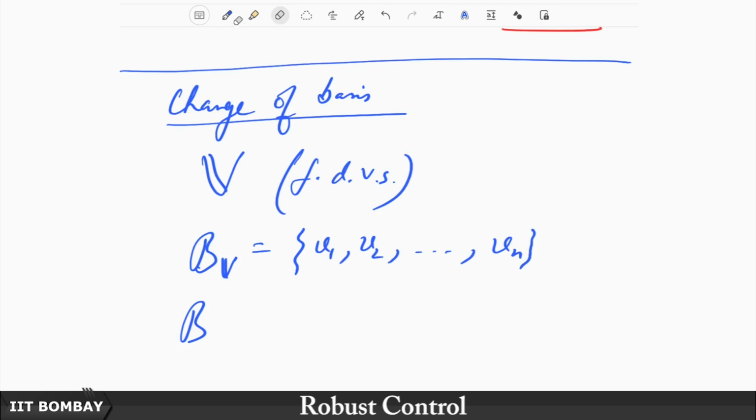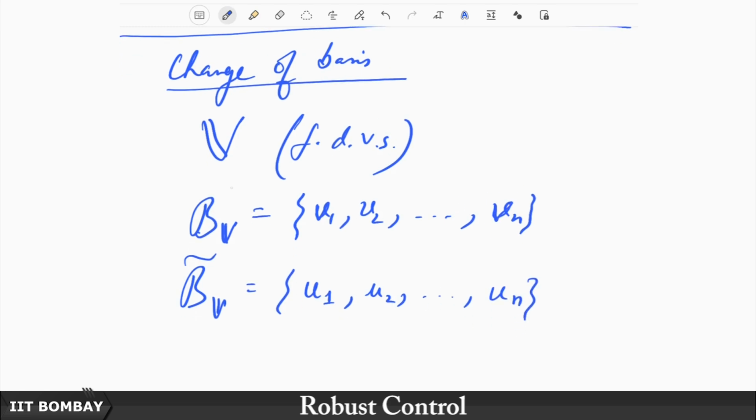So, let me choose another basis which is B tilde of V, given by U1, U2 till Un. So, these are the V's, these are the U's. So, let us say this is the old basis and this is a new basis now in terms of which I want to represent a vector.